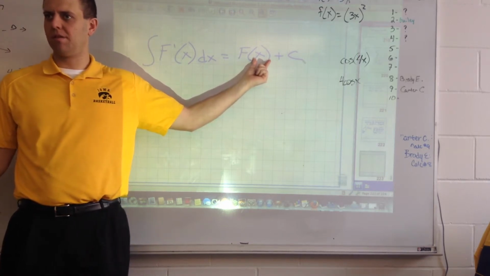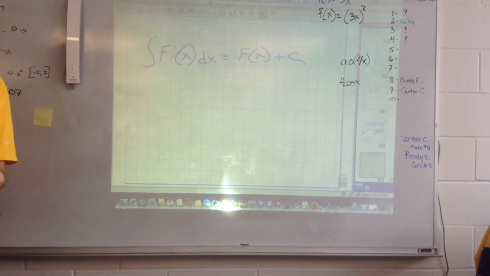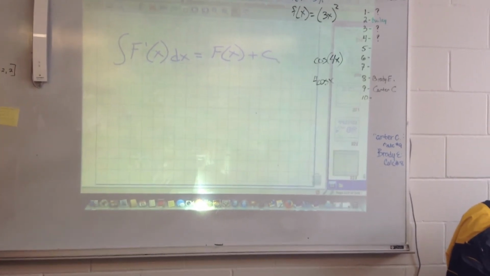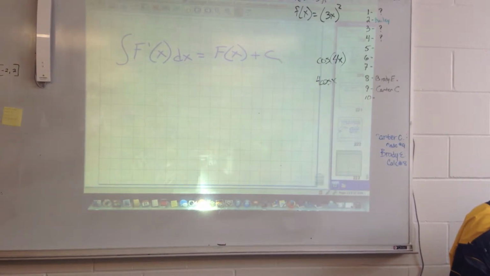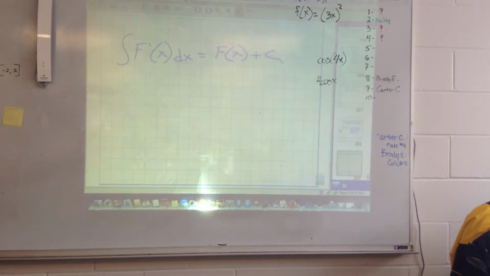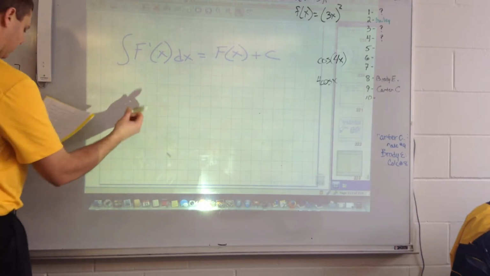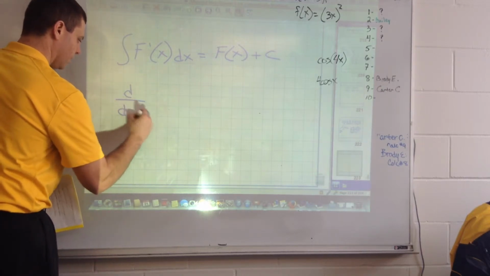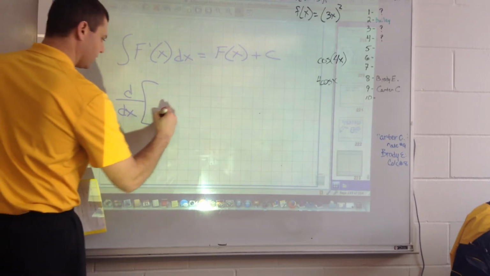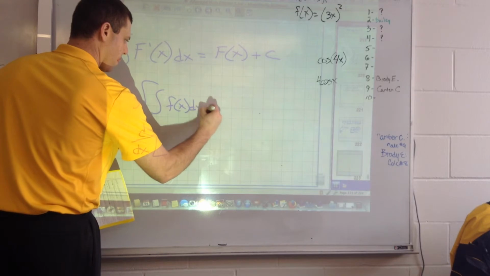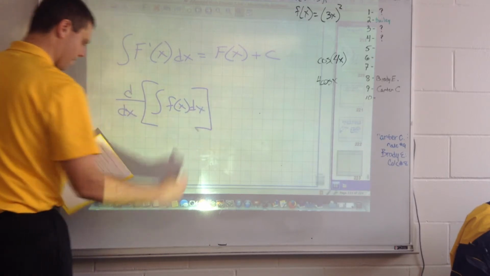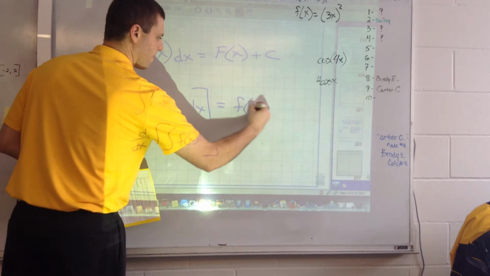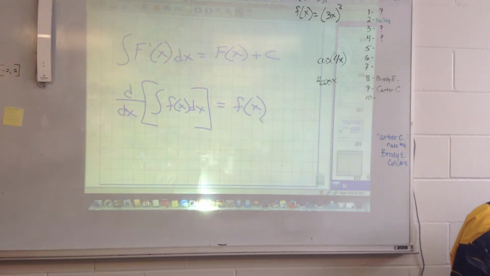Does that make sense? Yes. If you do the derivative of a function and then do the antiderivative of that function, you'd get the function itself, plus some constant potentially. And the opposite would also be true: if you took the derivative of the integral, or the derivative of the antiderivative, you'd get the function itself.